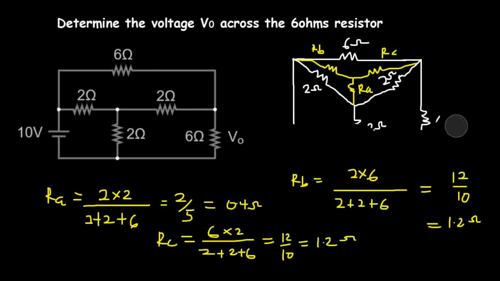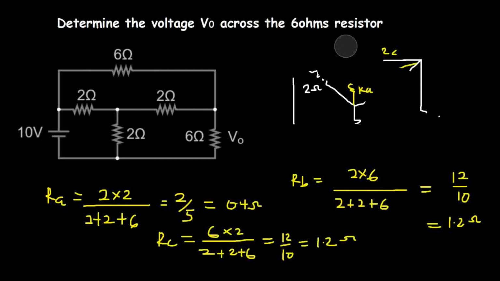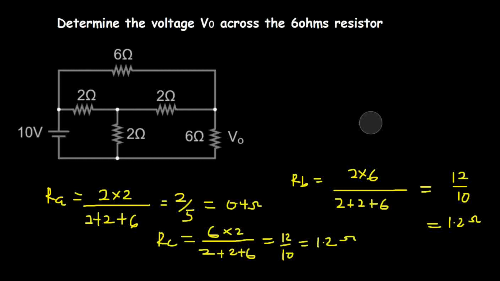So let me clean all this. Now I'm going to redraw the circuit, and instead of using a delta network, I'm going to use the star network. So this is the circuit now. Let me redraw this resistor again.